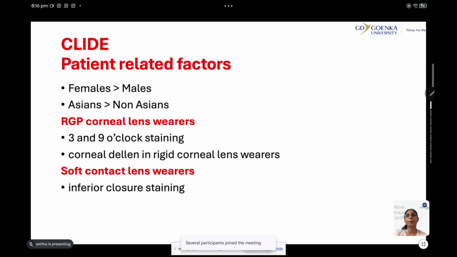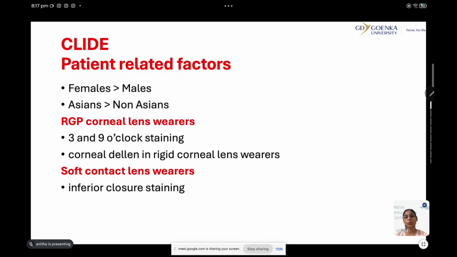They also have a possibility of developing CLDE. It is just that soft contact lens wearers are at more risk than rigid lens wearers. But again, if a rigid contact lens wearer already has developed a complication like 3 and 9 o'clock staining, which the practitioner has ignored, then they have increased chances of leading to CLDE.